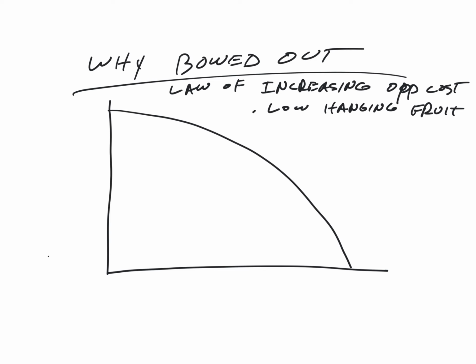Now, for example, during World War II, when tanks were being produced, they didn't convert dairy farms into tank production. They converted auto factories. An auto factory is already kind of familiar.